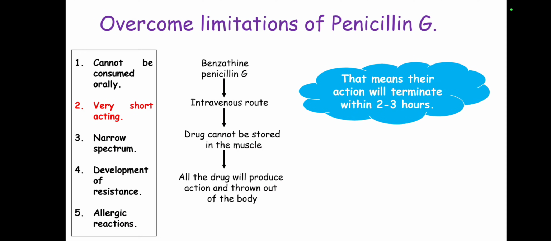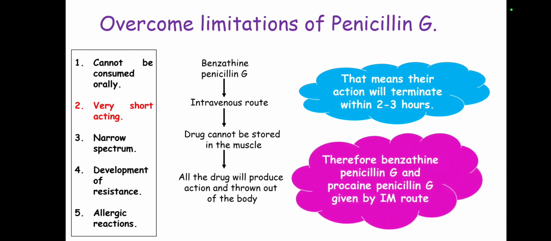So there is no use in giving these drugs via the intravenous route. Therefore, benzathine penicillin G and procaine penicillin G are always given via the intramuscular route, so that they are stored inside the muscle and slowly released for producing the action. Okay. So this is how we can solve the second problem, that is the short acting of penicillin.